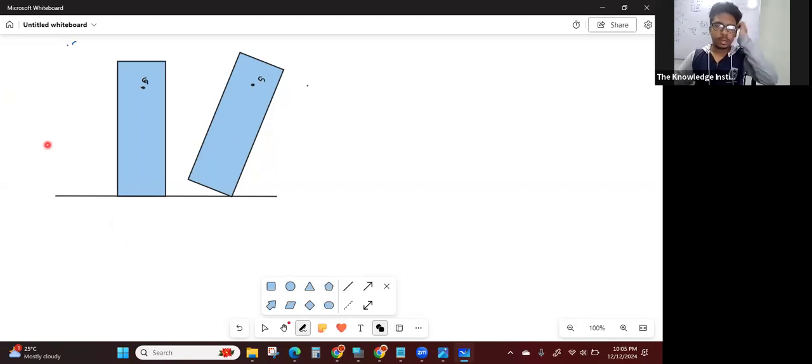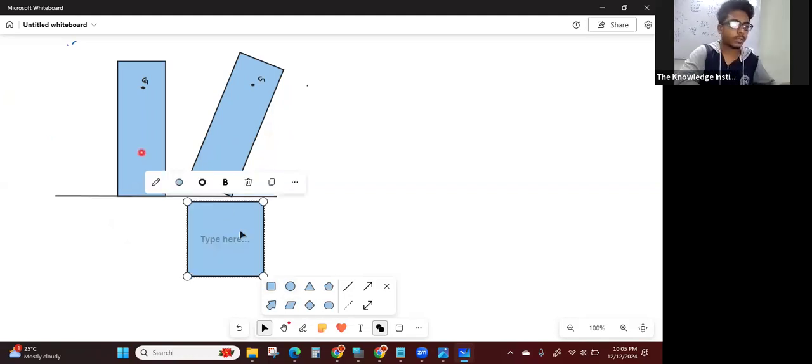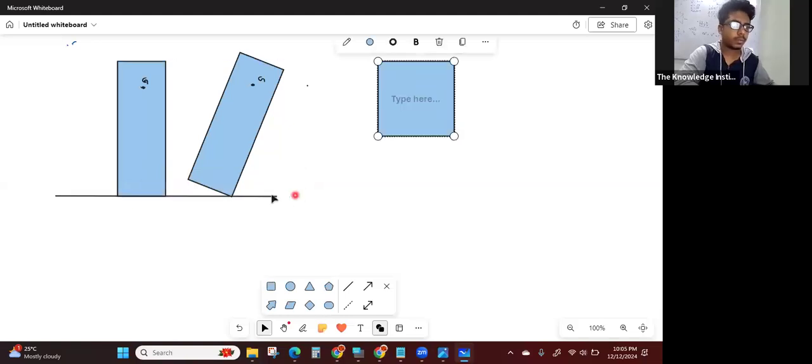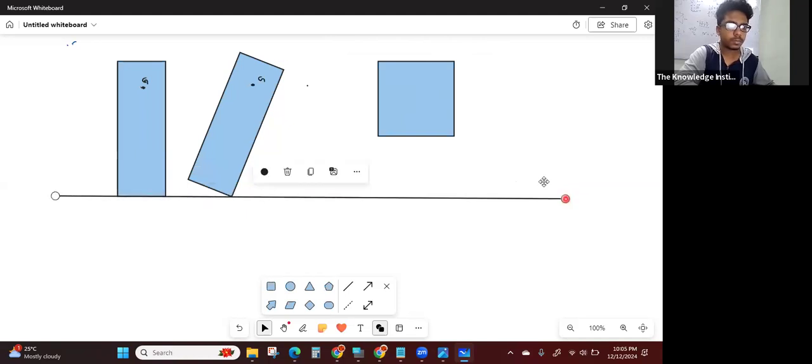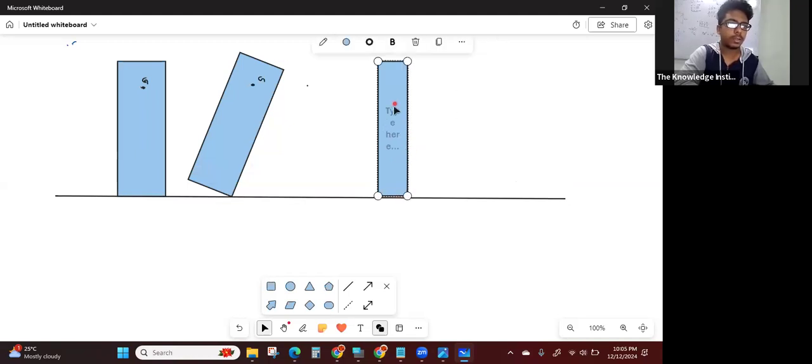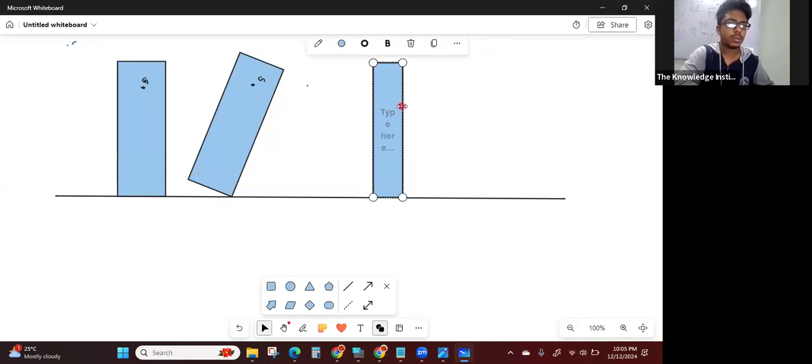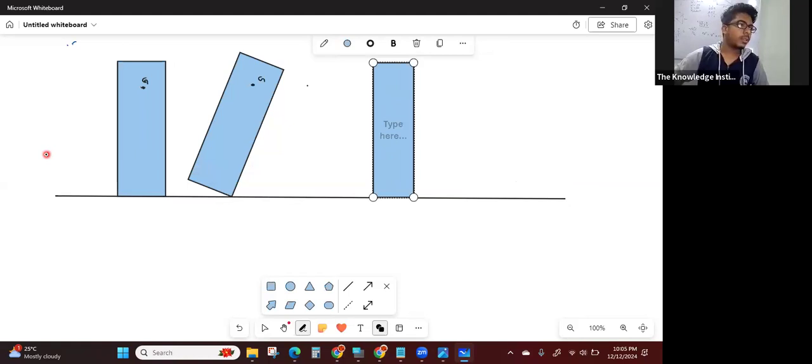Then I take another object which has a lower center of gravity. This one has a low center of gravity, and I can say it is a little bit narrower as well. The center of gravity is here.